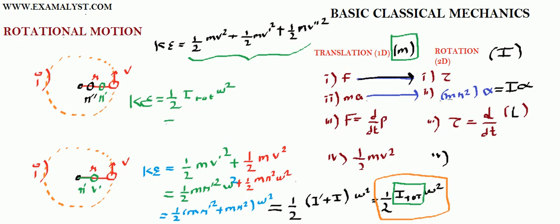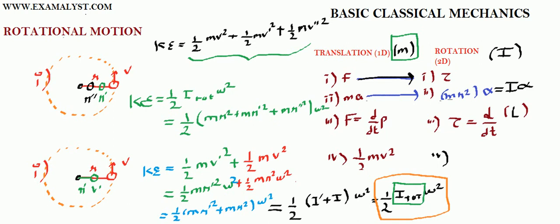And now you can easily tell me what I total is. What is I of the first ball? It is mass of the first ball into r square. What is I of the second ball? It is mass of the second ball into r dash square. And the third is mass of the third ball into r double dash square, into omega square.